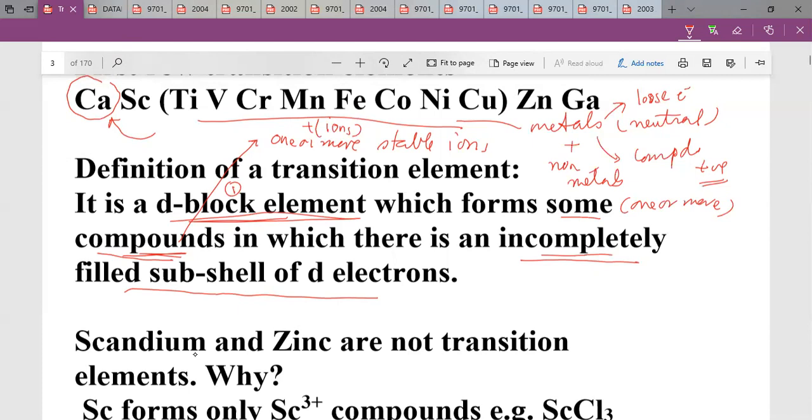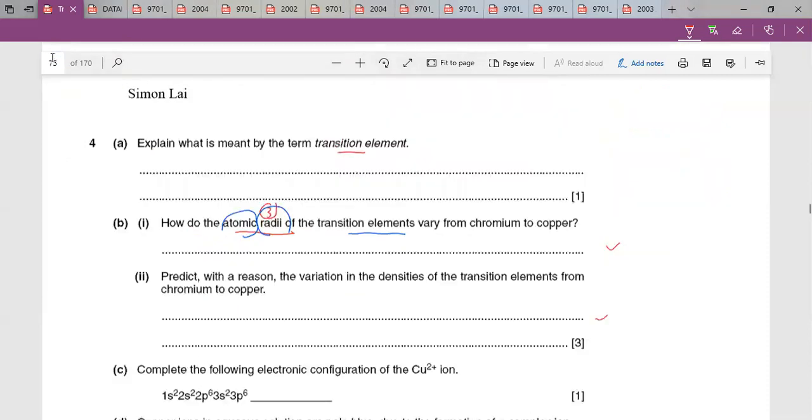Now let's look at the question on this definition, question 5: explain what is meant by transition element, for 1 mark. I'll give you 2 definitions here.